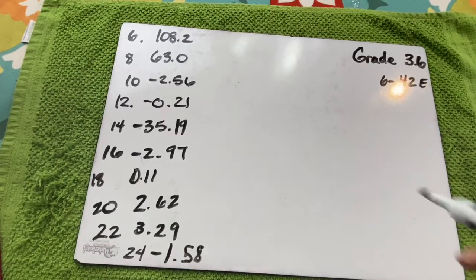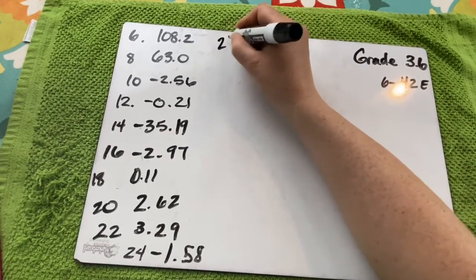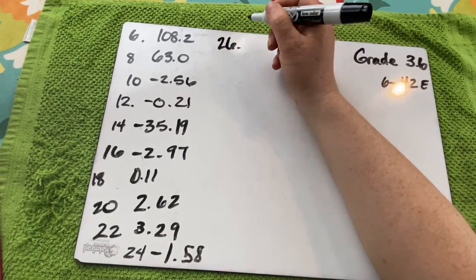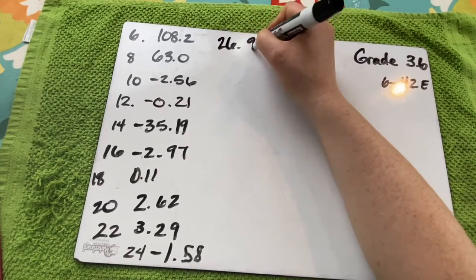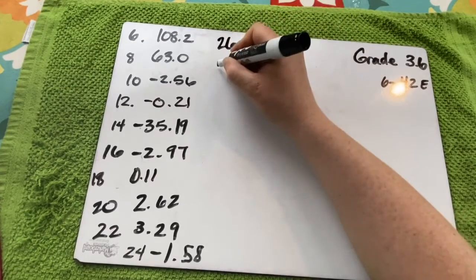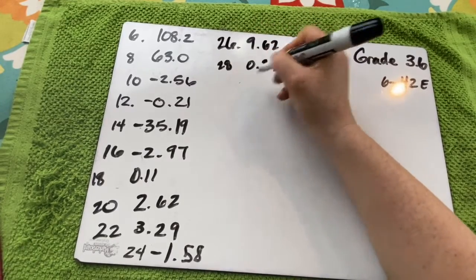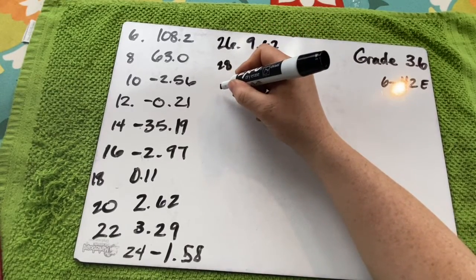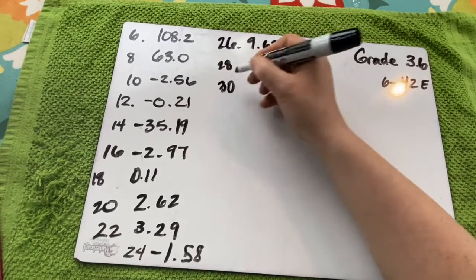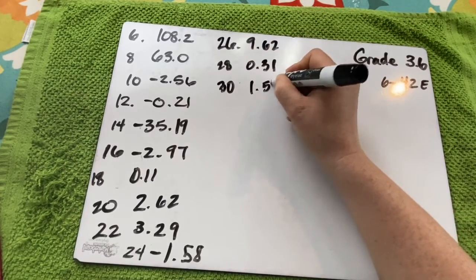Sorry, I'm writing around that thing. Okay, 26 is 9.62. 28, 0.31. 30 is 1.56.